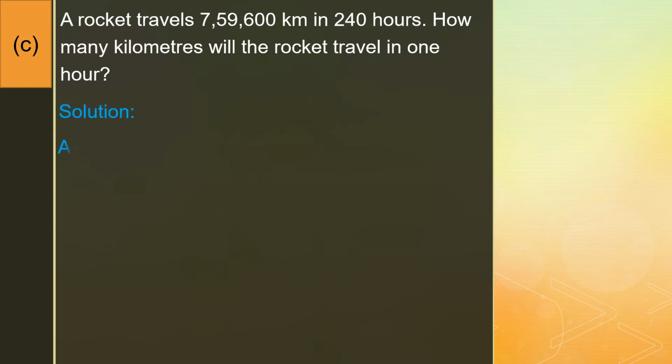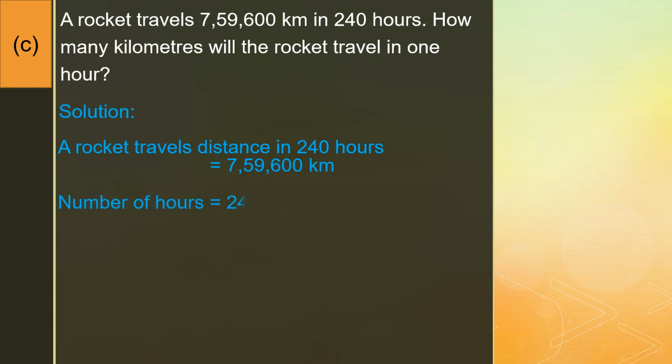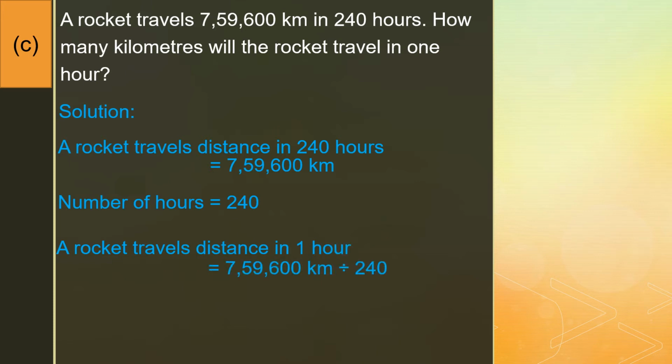So the first statement is a rocket travels distance in 240 hours is equal to 7,59,600 km. And the second statement is number of hours is equal to 240. And the third statement is a rocket travels distance in 1 hour is equal to 7,59,600 km divided by 240.